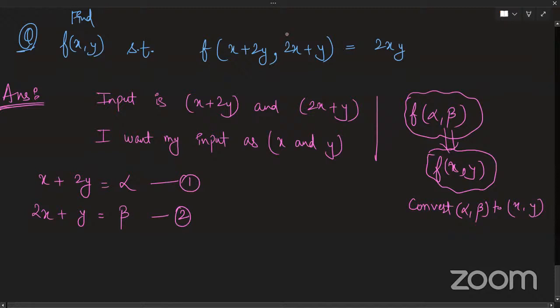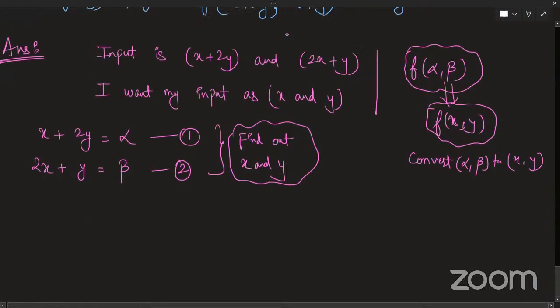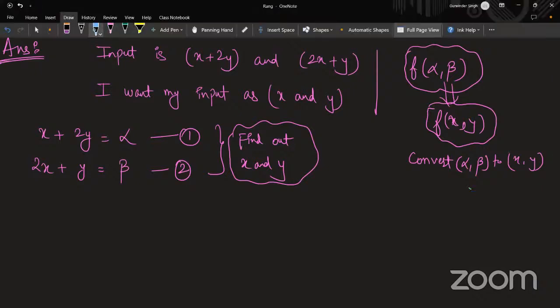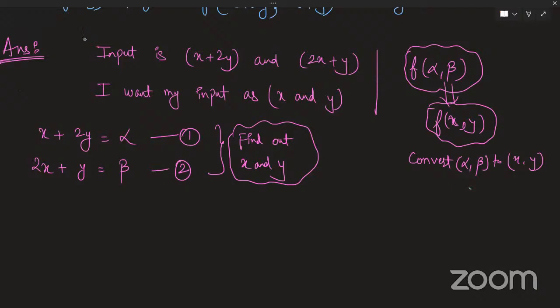I have these equations in terms of alpha and beta, and I want to find x and y from these two equations. Two equations, two unknowns. How will you do it? Who will tell me? How do we solve two equations and two unknowns? Will you be able to do it?